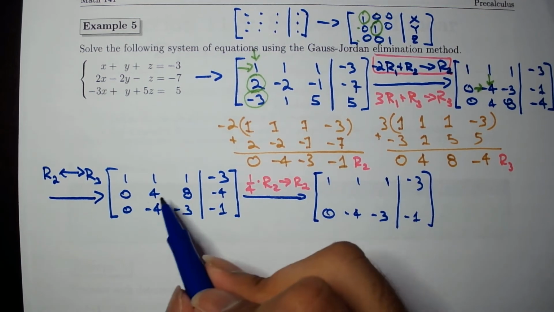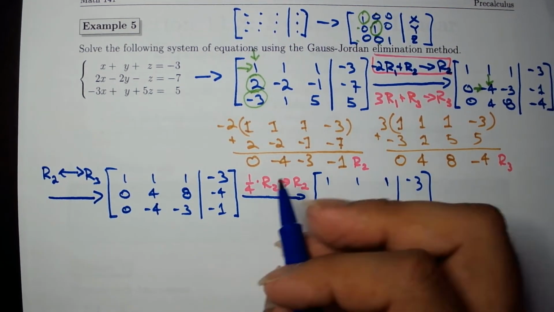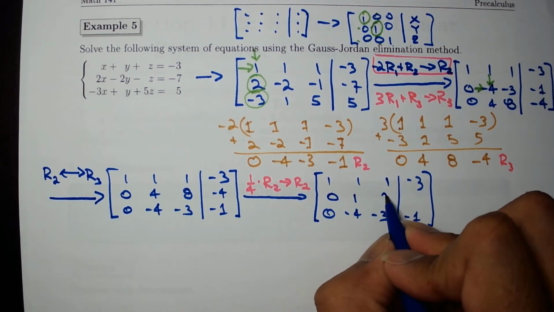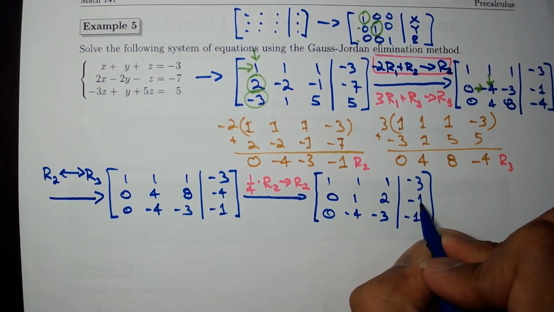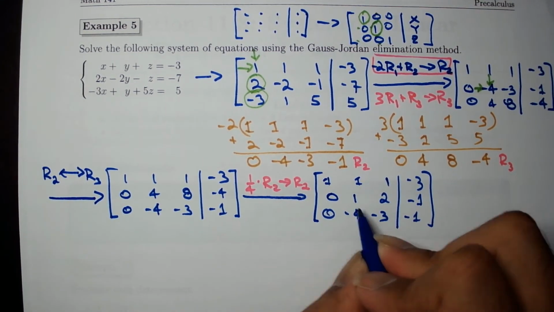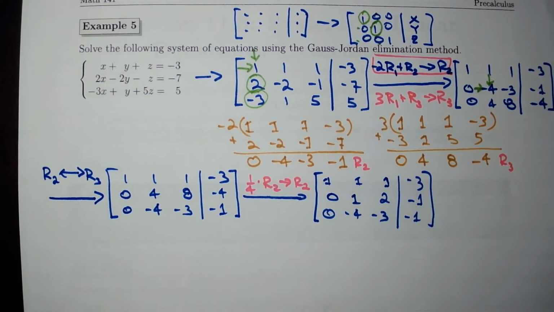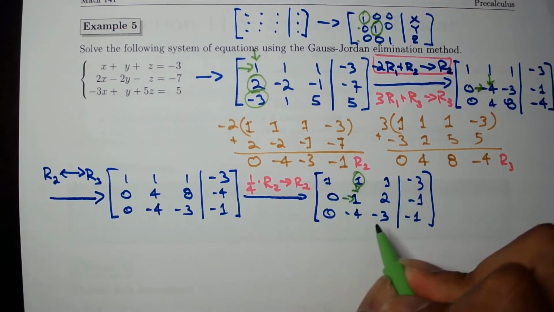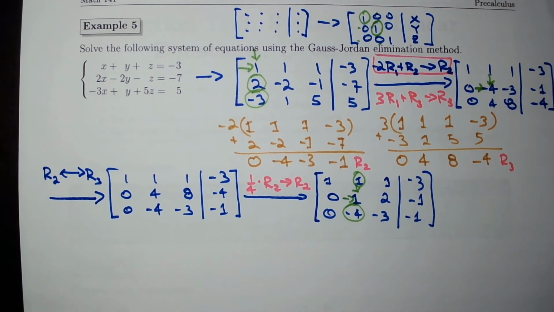And then for the new row, all the elements, we divide them by 4 or multiply them by 1/4, which is the same. 0, 1, 2, and negative 1. All right. So now we have that one as a pivot that we want. So we want this 1, 1. We need 0 and 0 over here.